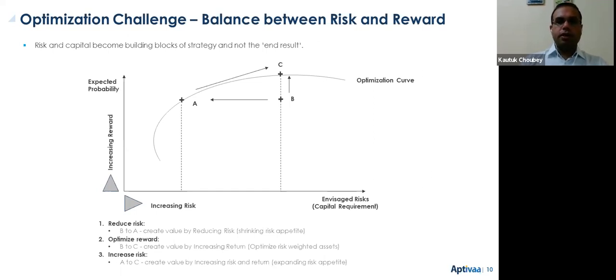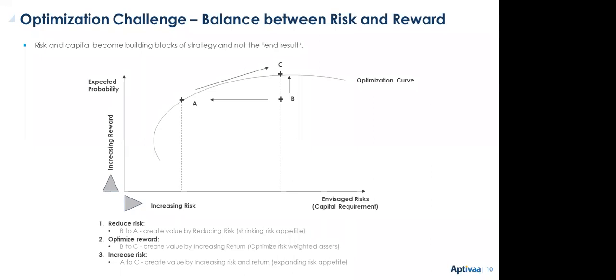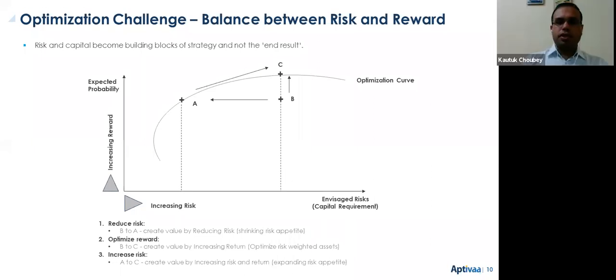So with this, let me start the session for today with a very basic question, which is basically the genesis of the ICAAP, and before that, the risk-based capital estimation as well. The basic optimization challenge which comes into any organizational growth. This is a basic optimization curve that you have in front of you. The x-axis represents the increasing risk, whereas the y-axis represents the increasing reward or returns.